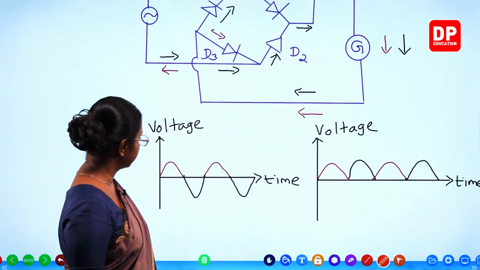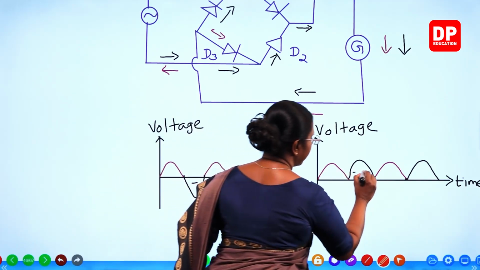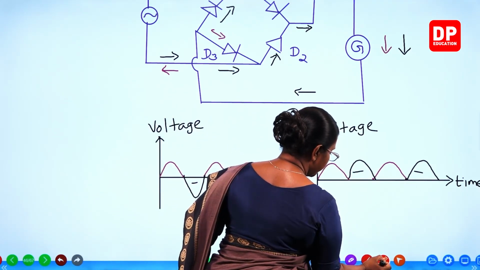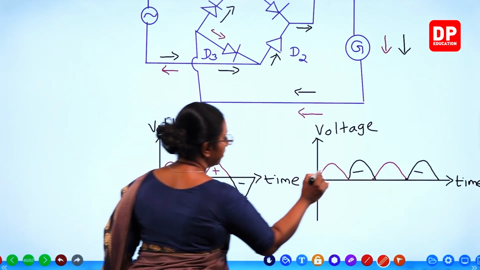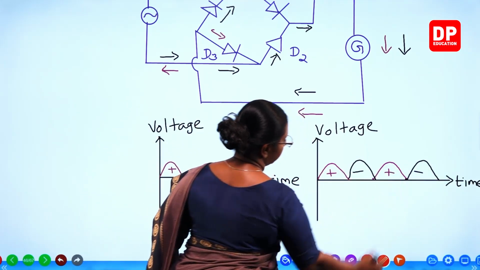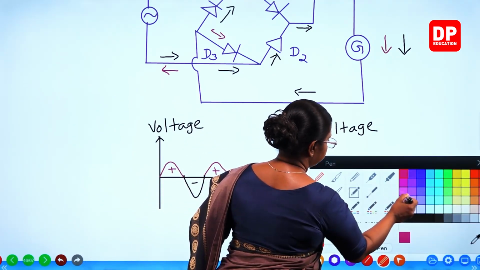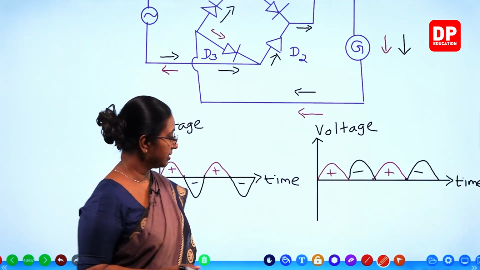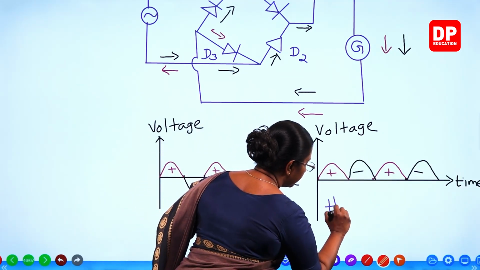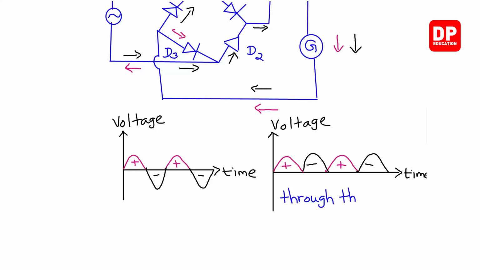So in both instances, here these are negative ones, but here they have gone to the positive side. These were already positive, that are here. So this part is through the galvanometer.